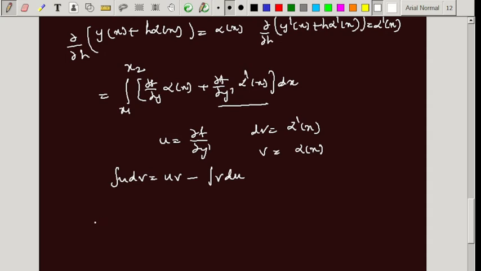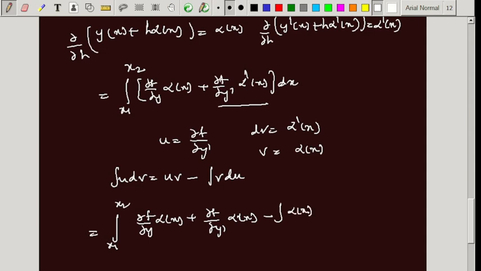du. So here we get integration x1 to x2. First term we write it as it is, dou f by dou y into alpha of x plus dou f by dou y dash, u into v is alpha of x, minus integration v is alpha of x into d of u.